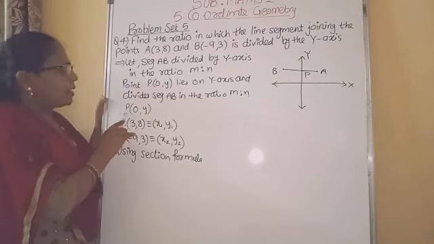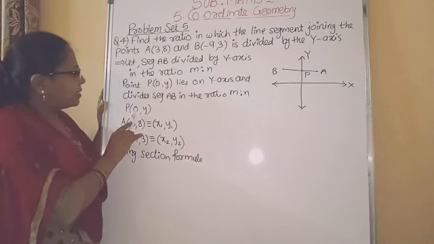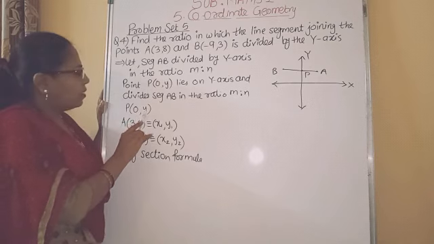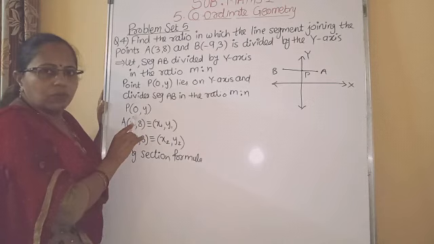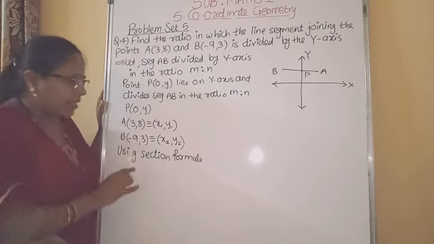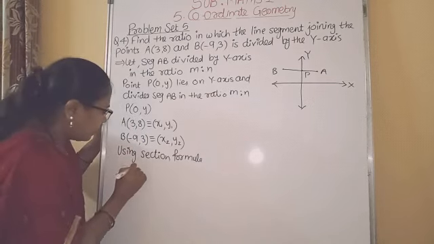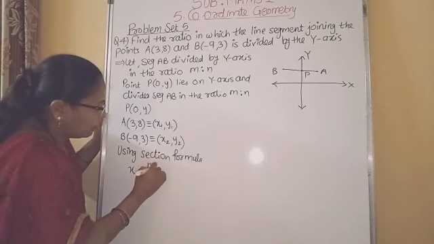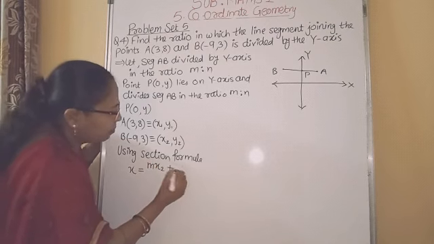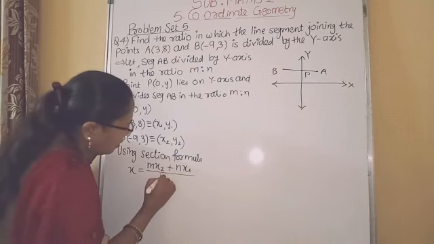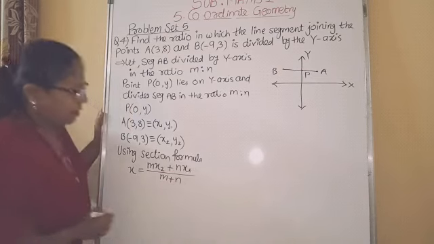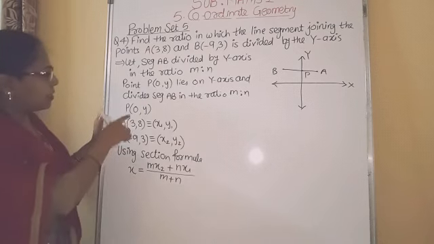Now here point P divides the segment and its x coordinate is 0 and y coordinate we don't know. So x coordinate we know, so we will use the formula for x coordinate. That x is equal to (mx2 plus nx1) upon (m plus n). x is equal to 0.